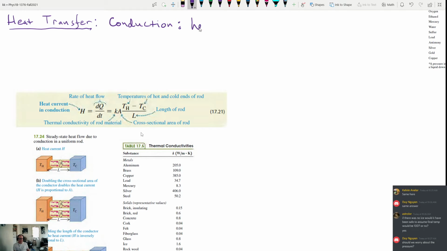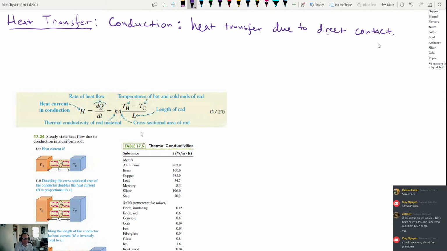This is heat transfer that occurs due to things that are touching each other. For example, if you pick up a cup of coffee and your hand feels hot, that's conduction, because the molecules of the coffee are touching the molecules of the cup, which are touching the molecules of your hand, and they can directly transfer heat because of that.